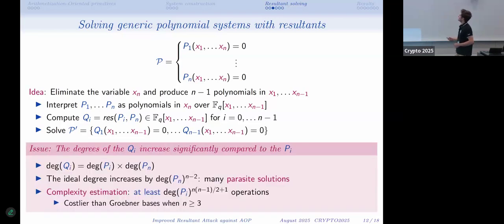And so clearly, in terms of complexity, this becomes very bad very quickly, because the degree of the resultant is the product of both degrees. If I have to just do n of them to reduce one variable, overall I have to do n times (n−1)/2 at least, which makes at least the degree of this first polynomial to the power of these operations. And so that's already costlier than Gröbner basis techniques for n bigger than 3. So that's why usually resultants are not a great tool.